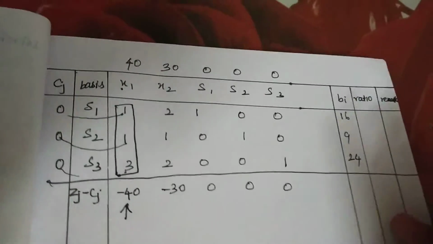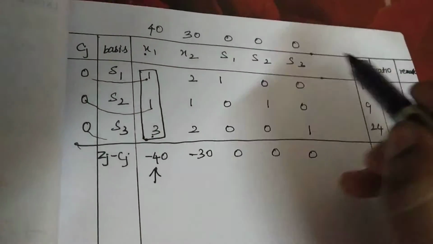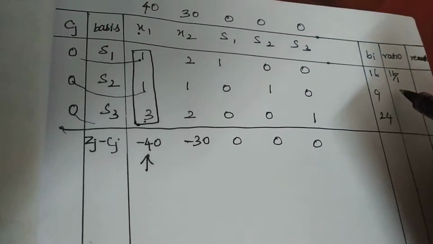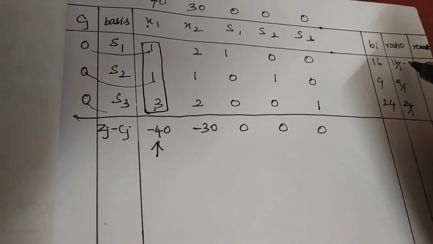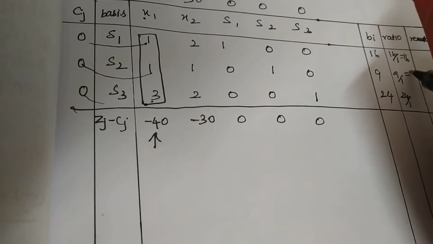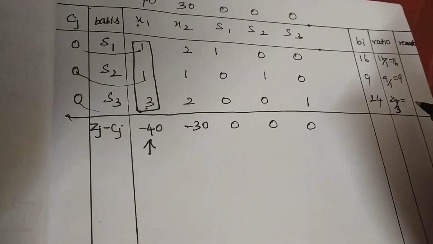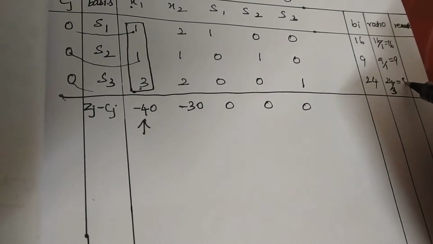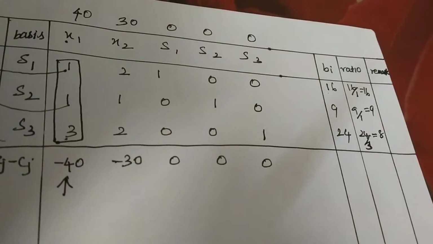For that we have to find 16 by 1, 9 by 1 and 24 by 3. 16 by 1 is equal to 16, 9 by 1 is equal to 9, and 24 by 3 is equal to 8. Among these just select the minimum one. What is the minimum value?